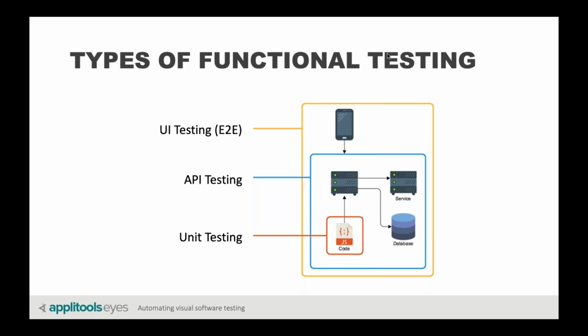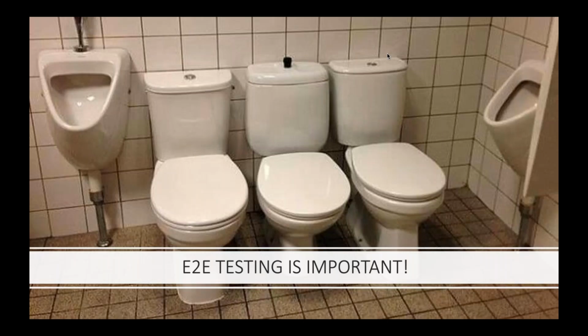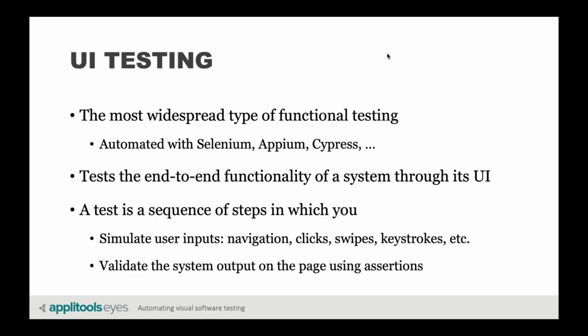It starts at the unit test at the developer station. It proceeds to API testing, where we're testing our services that communicate with each other, and most important is to also cover end-to-end testing. However, even if we test each component separately, it doesn't mean that the end-to-end result is perfect, and that's a headache that we are trying to solve here.